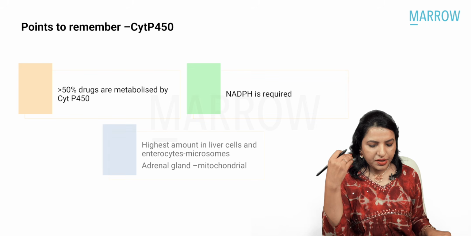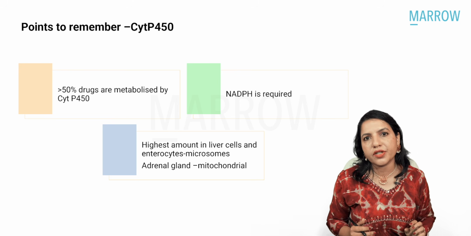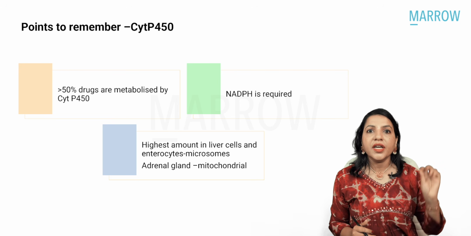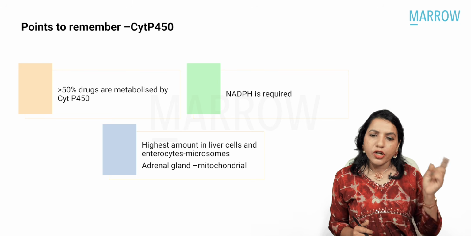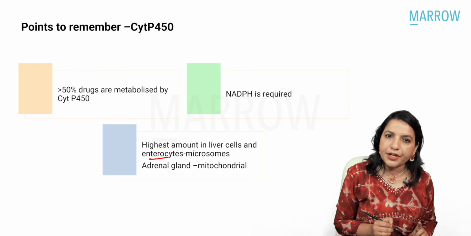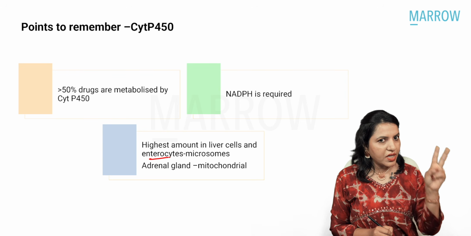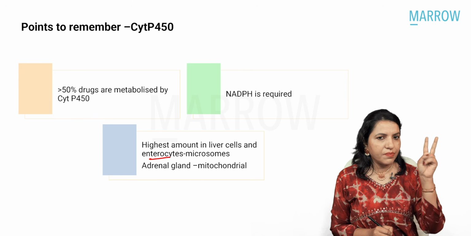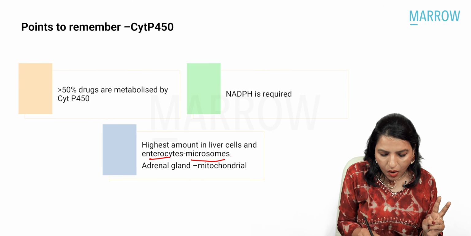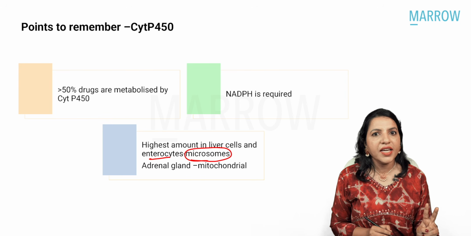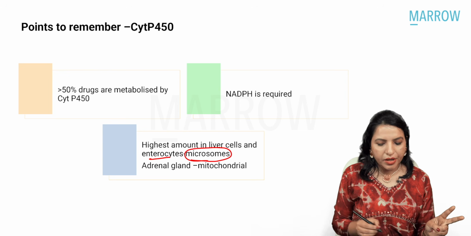So that is what is written. Then where do you find the highest amount of cytochrome P450? It is found in the liver cells, and not only in the liver cells, also in the enterocytes. So these are the two sites where cytochrome P450 is found maximally. And which is the organelle where this reaction occurs? It is the microsome. What do we mean by microsomes?